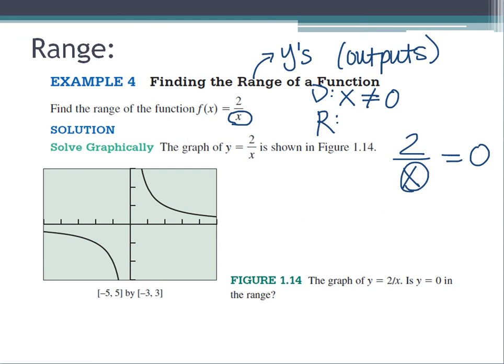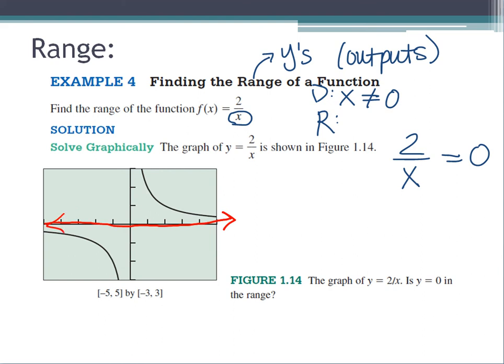And remember, if we plug in 0, we don't get 0. We get undefined. We get something that's not the same as 0. So there is no real value of x here that would make this happen. It just doesn't exist.